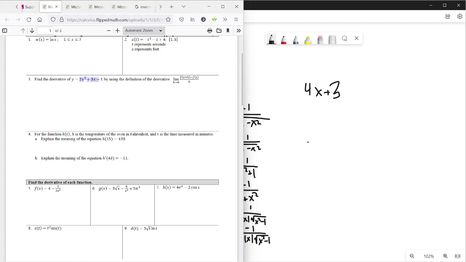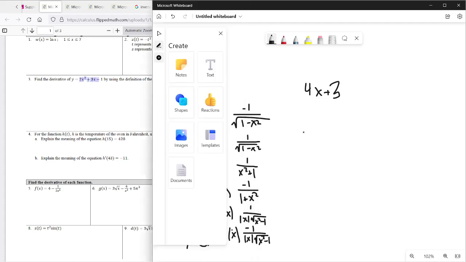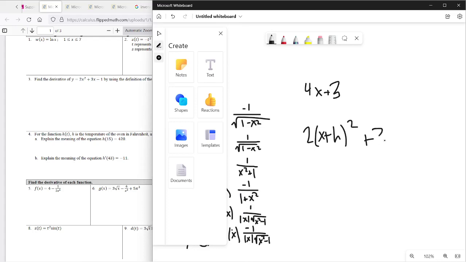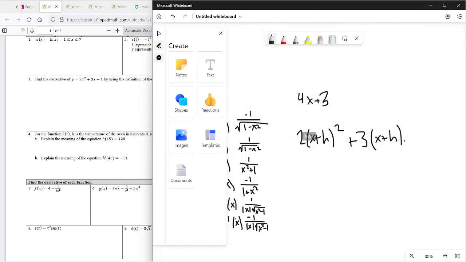So in this case, we're doing 2 times (x plus h) squared, plus 3 times (x plus h), minus 1.